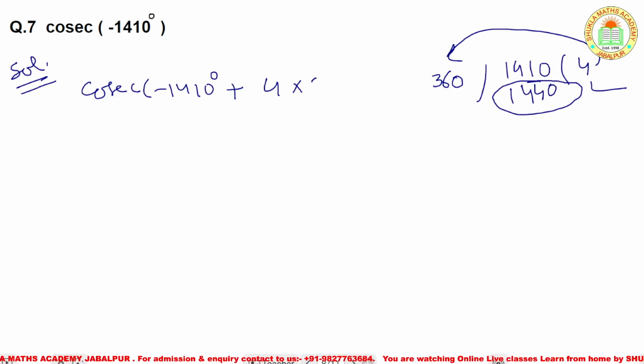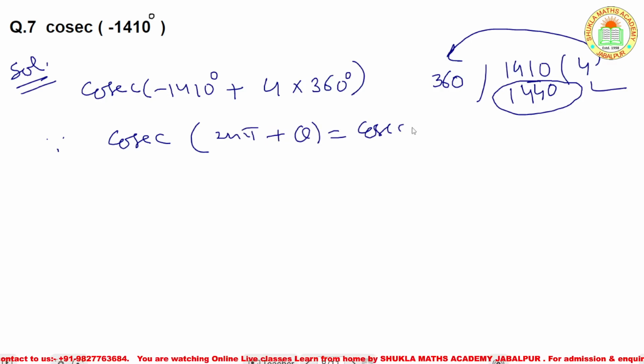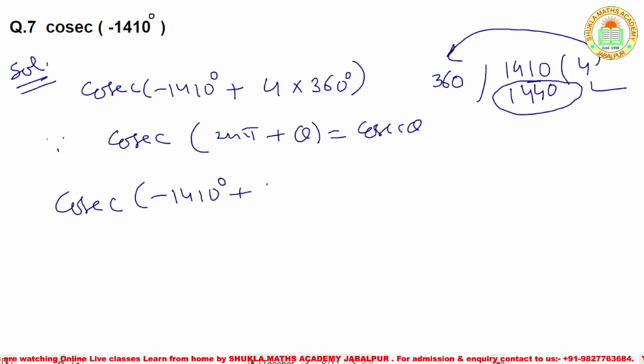Why? Because we can add any multiple of 2 pi in the cosec. That is because cosec(2 n pi plus theta) is also cosec theta. So our value cosec of minus 1410 and plus 4 into 2 pi, right?